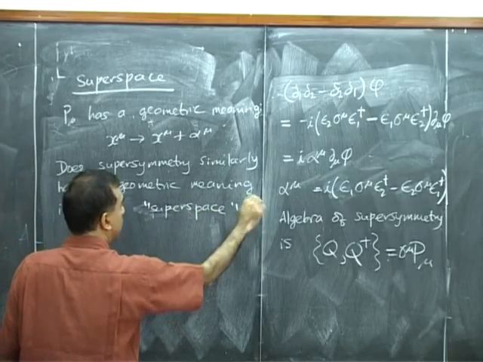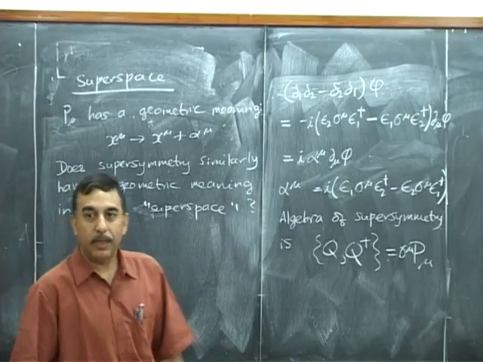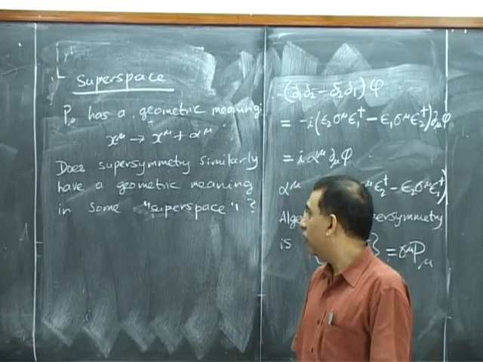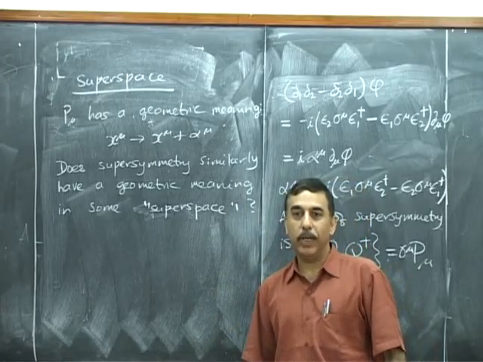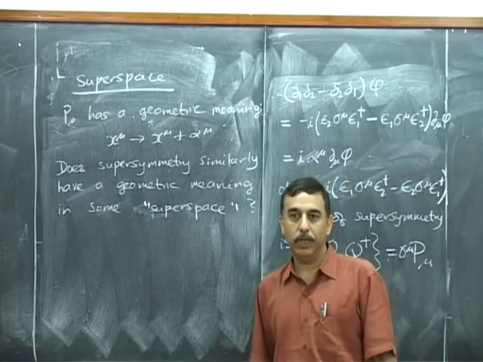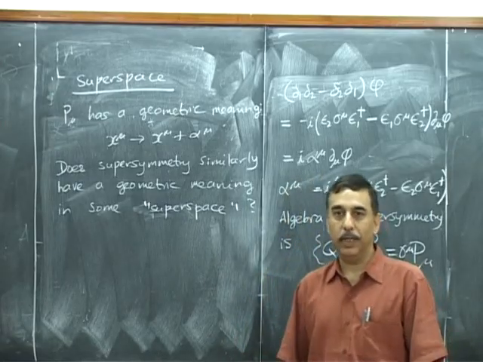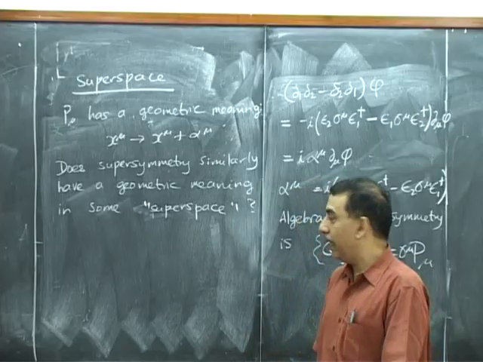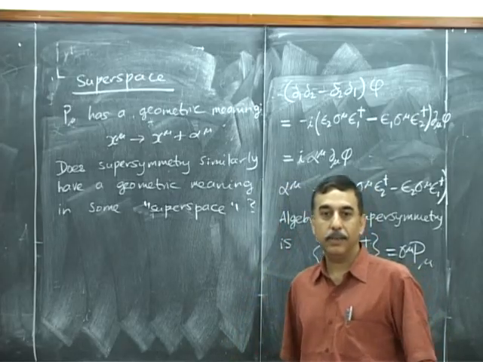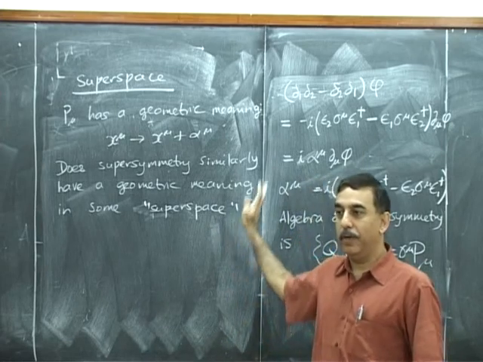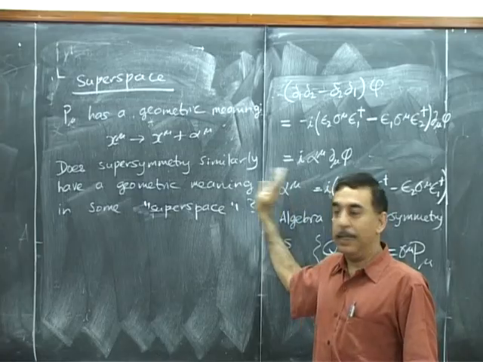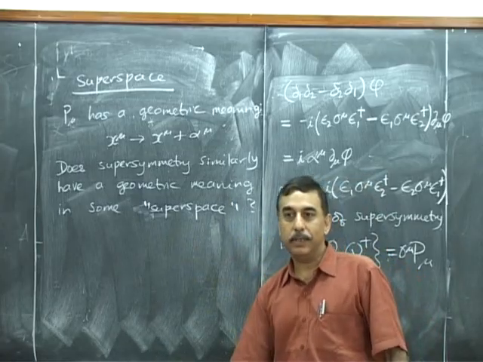So could it be that this apparently accidental symmetry of the Lagrangian which we just worked out is due to some geometry in some space called superspace, which is obtained by enhancing physical space by some more coordinates or some extra dimensions, if you like. What would be nice if that's true is that then just by postulating that we are in that space, we'll be able to rederive the supersymmetry algebra as a commutator of some geometric actions.